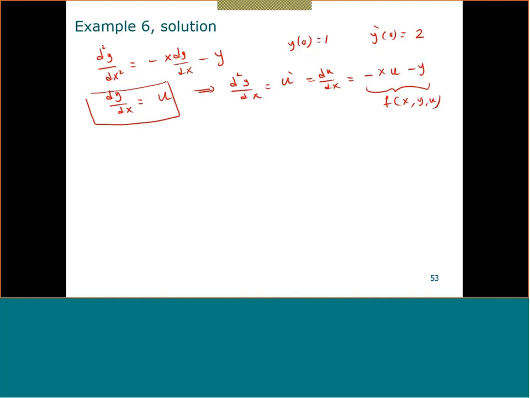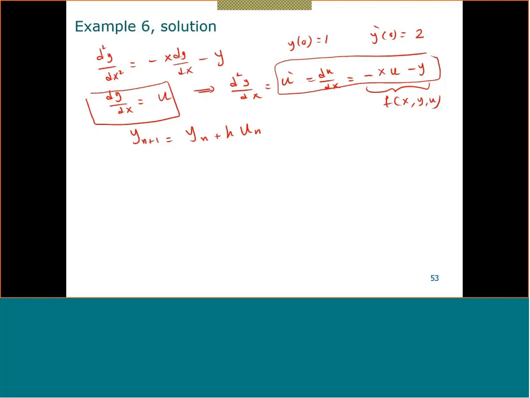So now I have this equation and I have this equation. So I have two first order differential equations. And now the solution to this, y(n+1) is equal to y(n) plus h u(n).